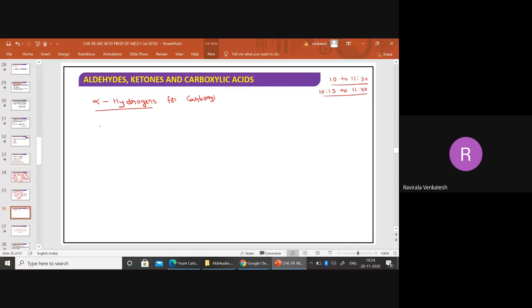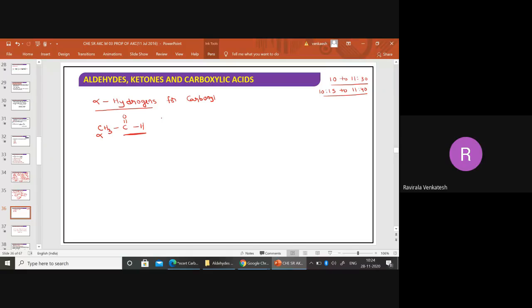For example, CH3, C double bond OH. This is a functional group, right? This carbon is called alpha. How many alpha hydrogens are there here? 3.